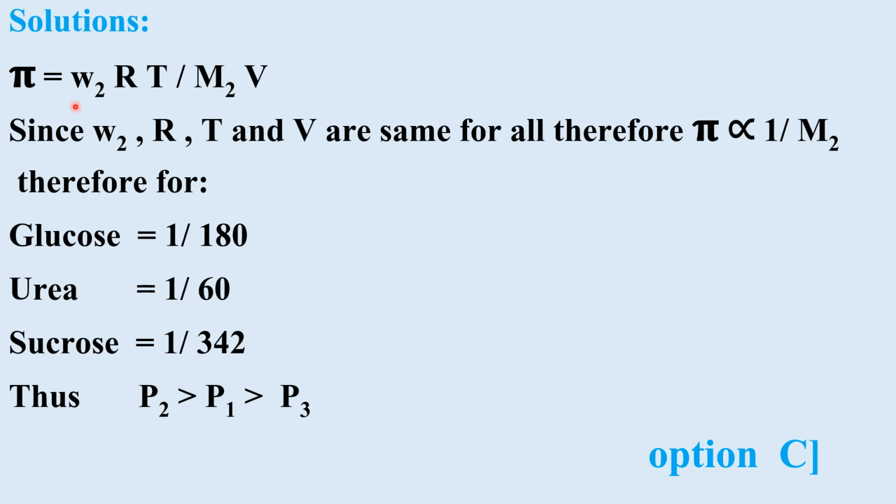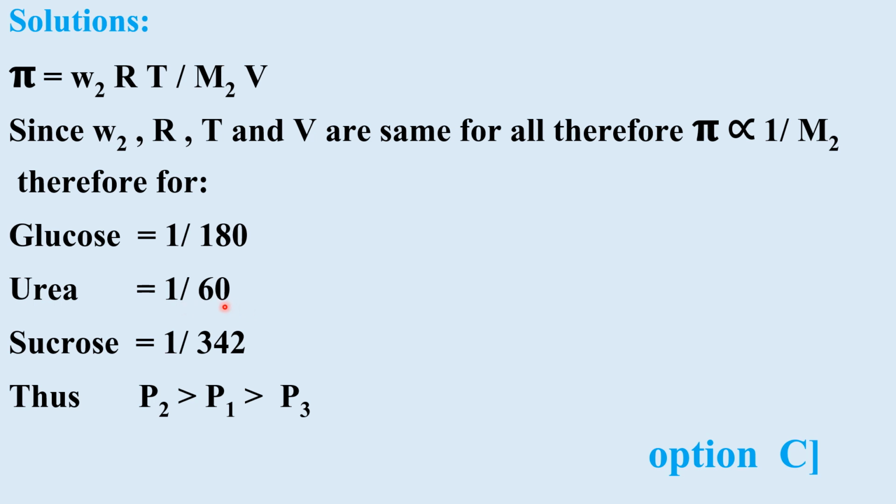Osmotic pressure pi is equal to W2 RT divided by M2 V. Since W2, R, T and V are the same for all, osmotic pressure pi is inversely proportional to molar mass of solute. Therefore for glucose it will be 1 divided by 180. Molar mass of glucose, C6H12O6, is 180 gram per mole. For urea it will be 1 divided by 60.